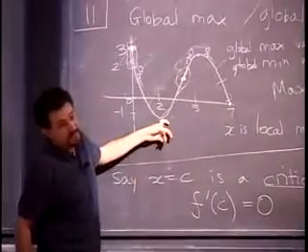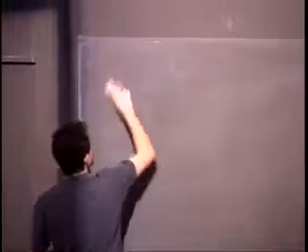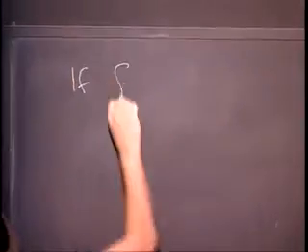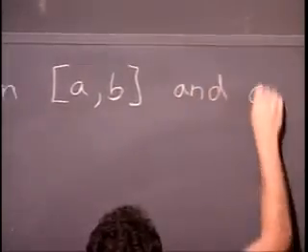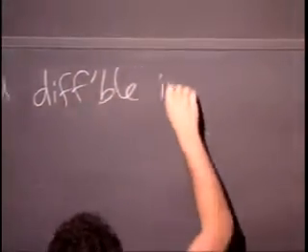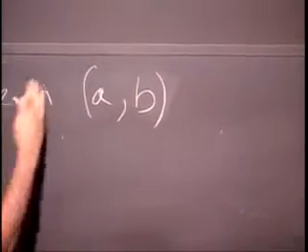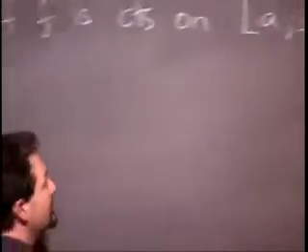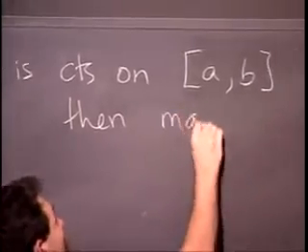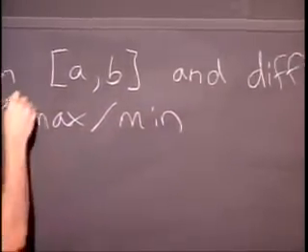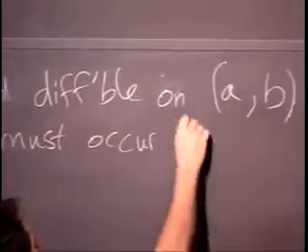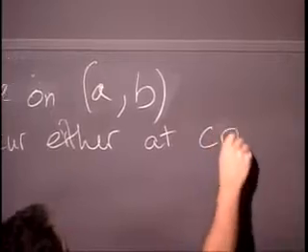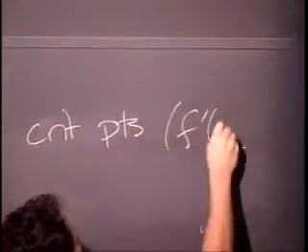because you're lower down here. Okay, so a refinement of that theorem that I just put in is that if f is actually continuous on a closed interval and differentiable in the interior, then maxima and minima, local if you like, or global, these theorems are both true for local and global, must occur either at critical points, and in this case f prime of c equals 0.